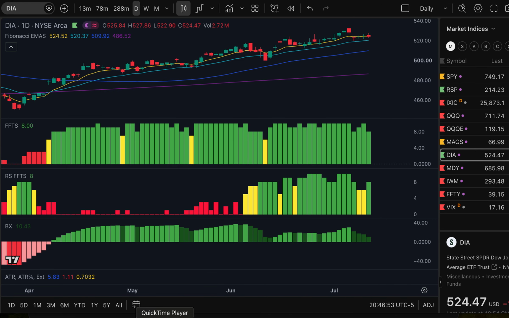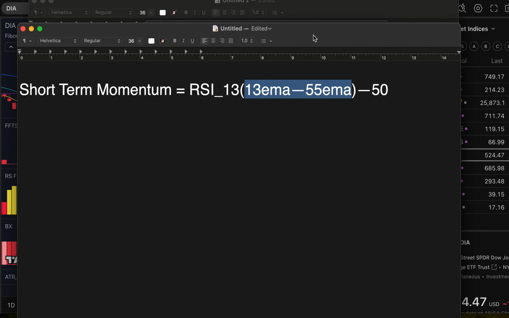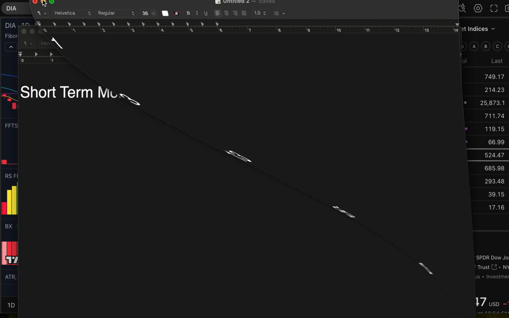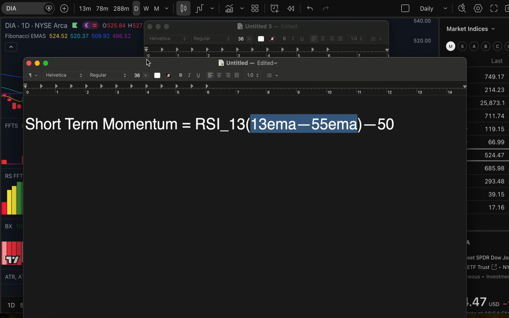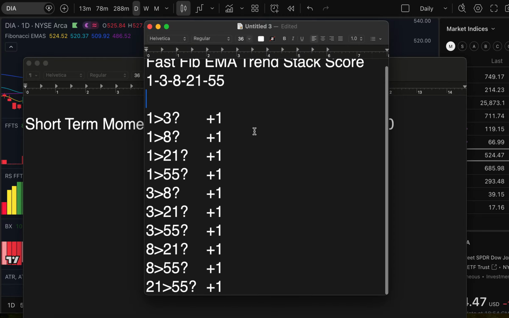And what I do is look at the 1 EMA, the 3 EMA, the 8 EMA, the 21 EMA, and the 55 EMA, and check for proper alignment by asking these 10 questions and getting 1 point for each yes answer.